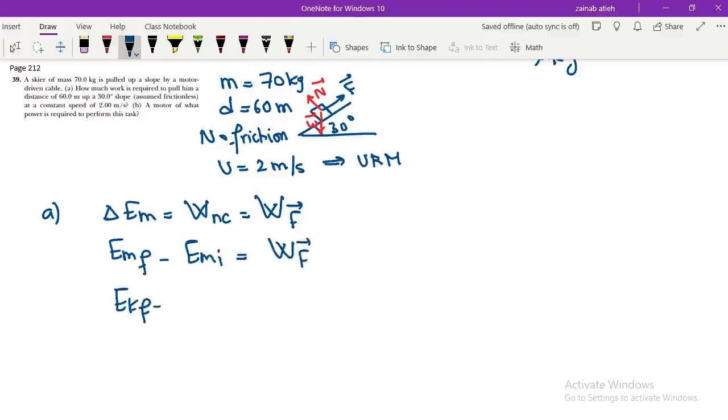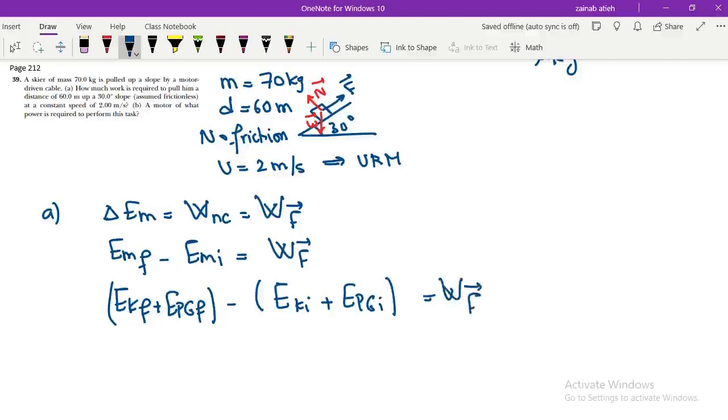So EK final plus EPG final. I have no elastic energy here, I only have kinetic and gravitational potential, minus EK initial plus EPG initial, equal to the work of F. Remember I'm searching for the work of F. An important point is that EK final is equal to EK initial because it's moving with a constant speed.